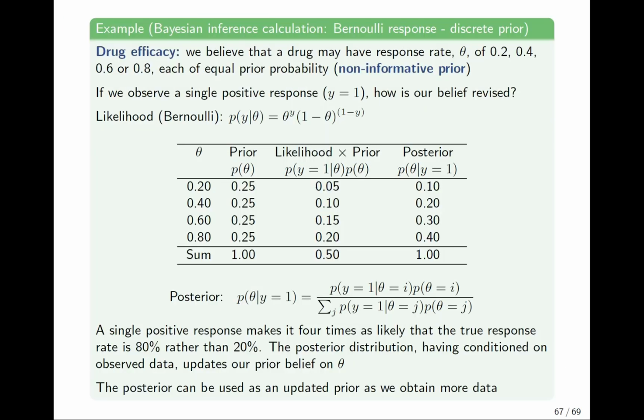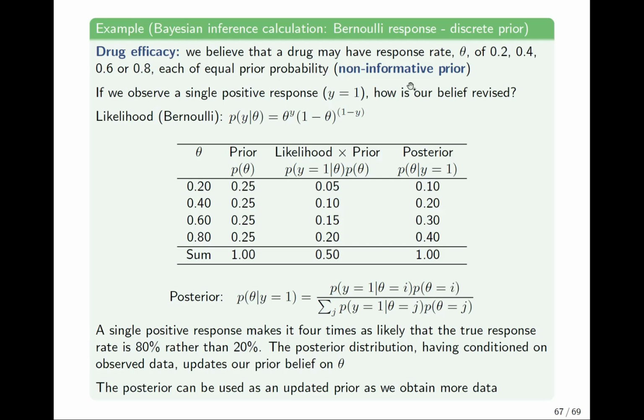I'll give a very quick example of how Bayesian inference works, and I think that gives an idea of how Bayesian updating can be used. So in this case, we have a Bernoulli response, and we're going to have a discrete prior. The problem is one that concerns drug efficacy, and we believe that a drug may have a positive response rate of 0.2, 0.4, 0.6 or 0.8, and each has equal prior probability.